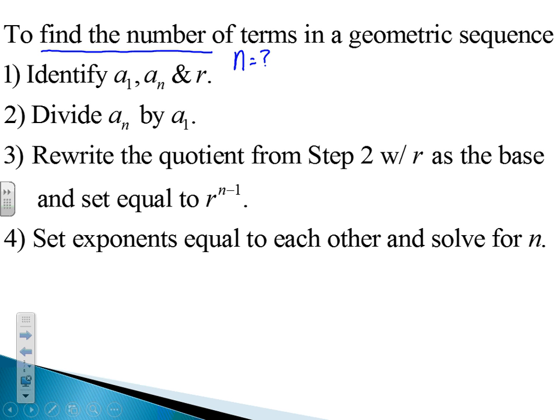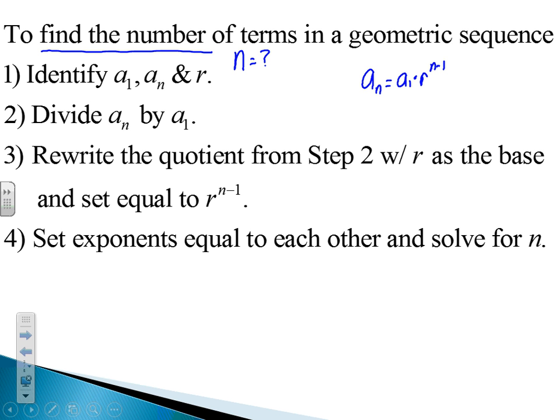Well, here, if you look at the general rule of a geometric sequence, a sub n is equal to a sub 1 times r to the n minus 1 power. Essentially we're trying to solve for n. We would take this equation and solve it for n. But because n is in the exponent's position, the only way that we can take it out is really by using logarithms, converting it from an exponent to a logarithm.